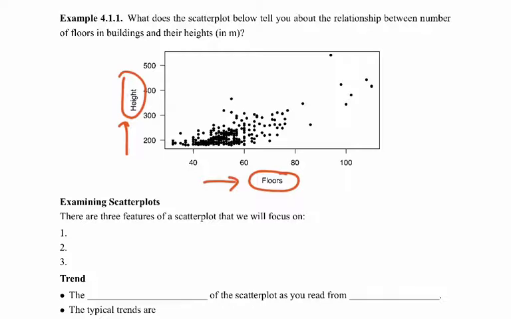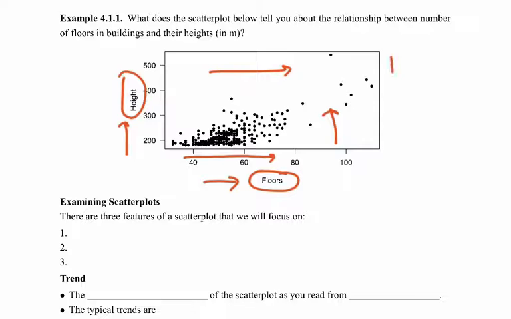So what could we say? Well, hopefully you notice that as we read the graph from left to right and the number of floors goes up, so too does the height. It's not a perfect relationship, so there are always some exceptions, but in general you're looking for a trend. So what could we say about this relationship?